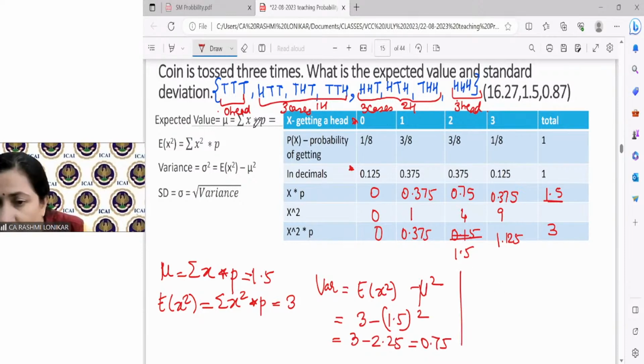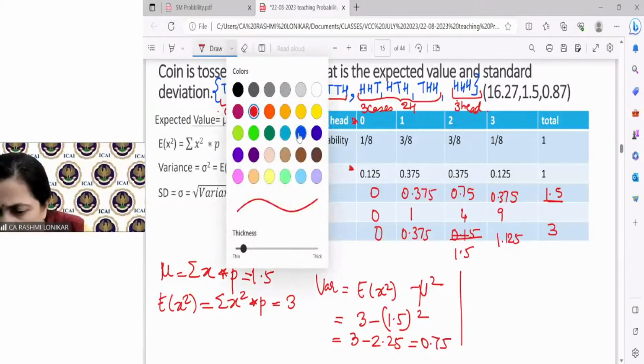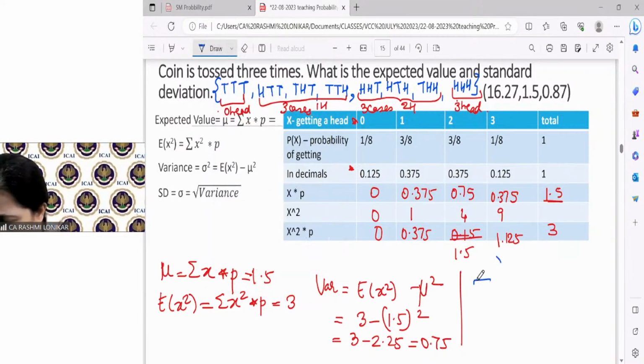And then you have sigma, the standard deviation, which is equal to the square root of variance.